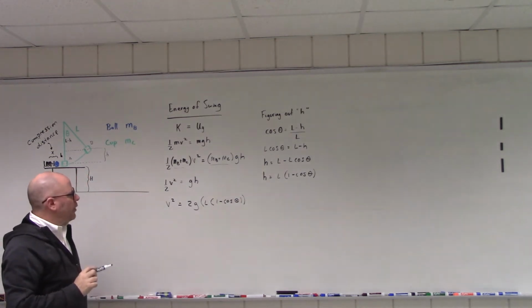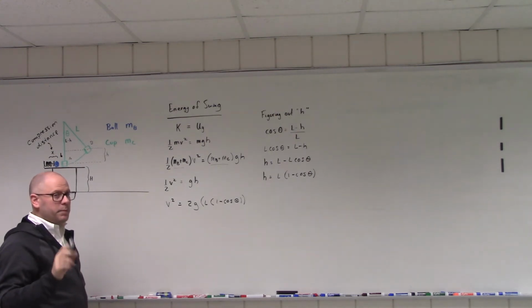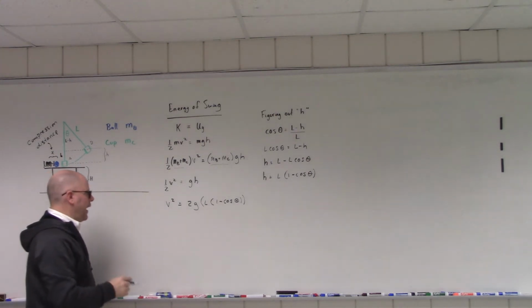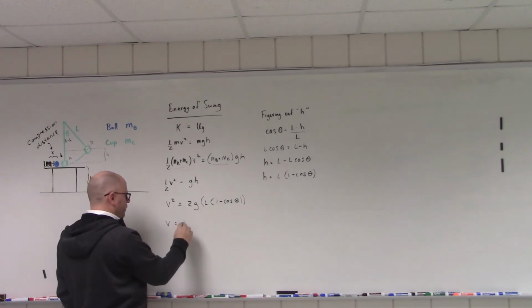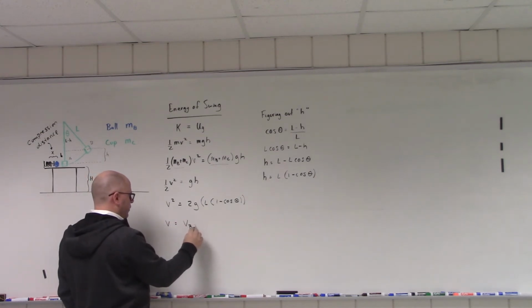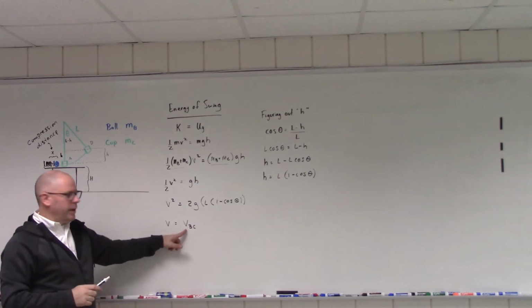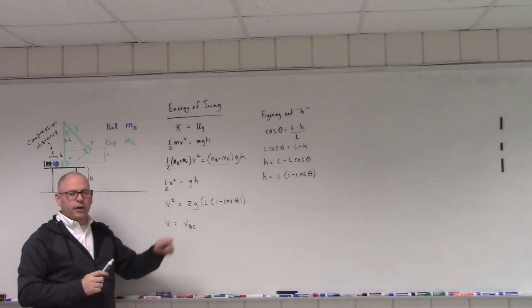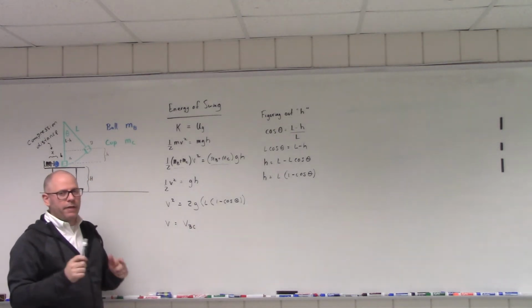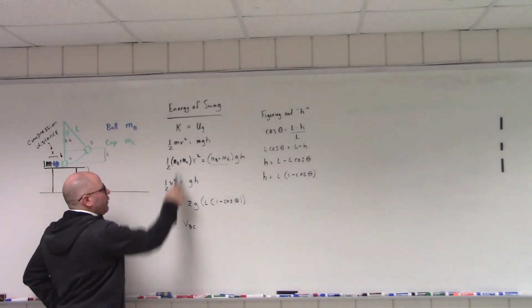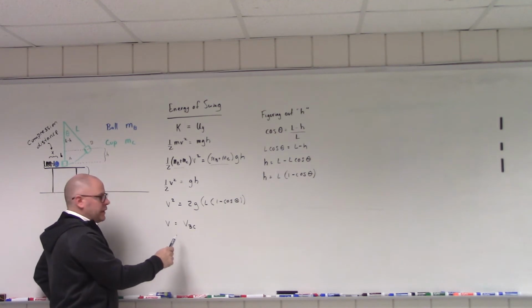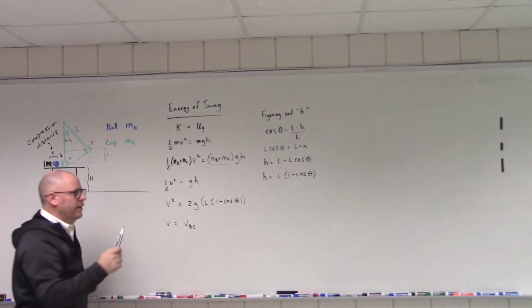And so this is going to let me figure out the speed, but what speed is that? This is the speed of the ball and the cup together right after the collision. And that is going to end up being an important construct here. The speed that we solve for in this energy of the swing is the speed of the ball and the cup together after the collision.